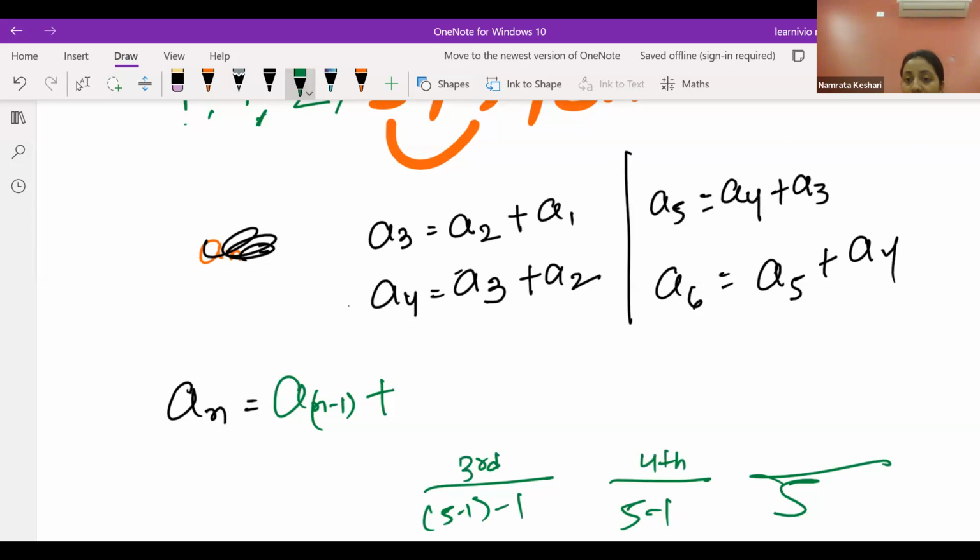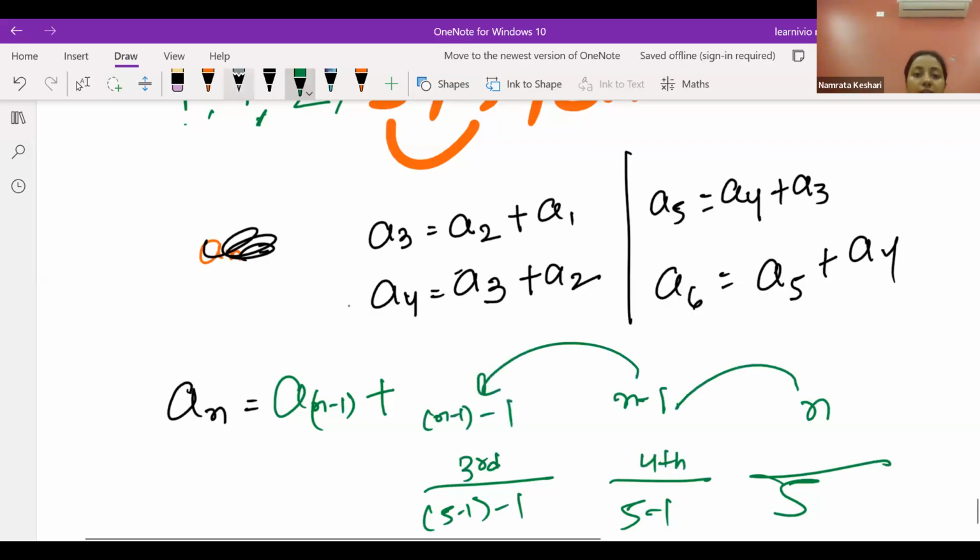If here you have n, then the previous one will be n minus 1, and the previous one will be whatever we have, minus 1. That means, can I say n minus 2? n minus 1, minus 1 will be n minus 2. Yes or no? Are you getting it, Manvi?